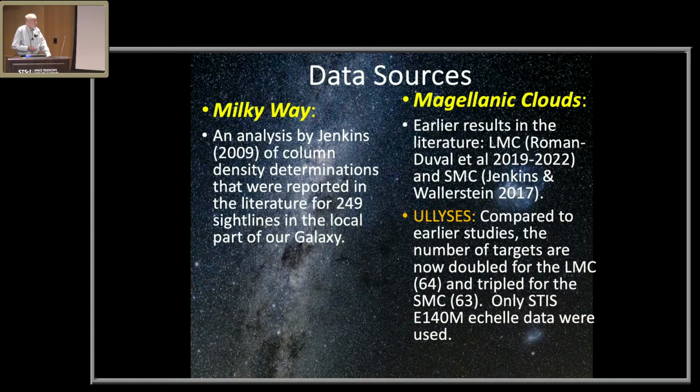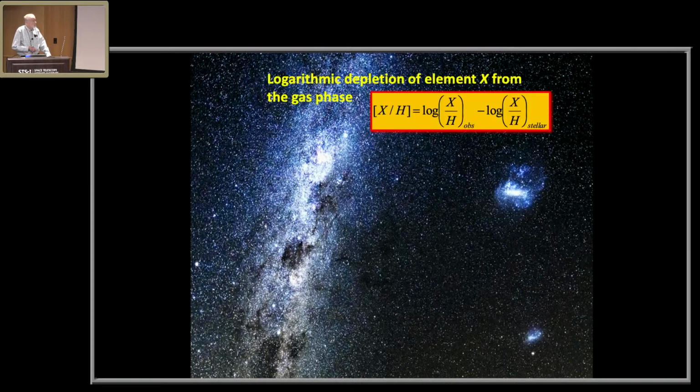We've basically doubled the LMC targets and tripled the number of targets in the SMC. We use the E140M shell data because that provides enough resolution that you can get reliable column densities.